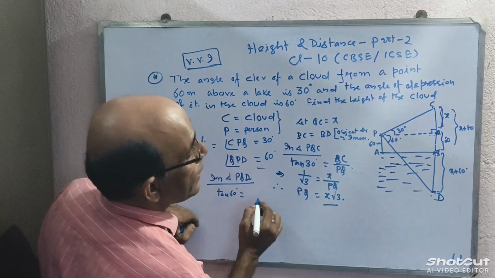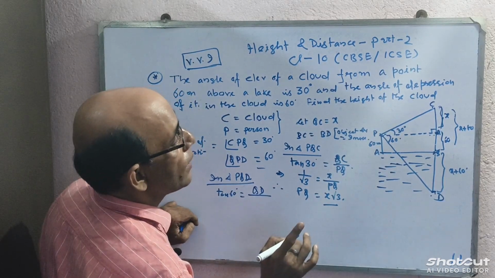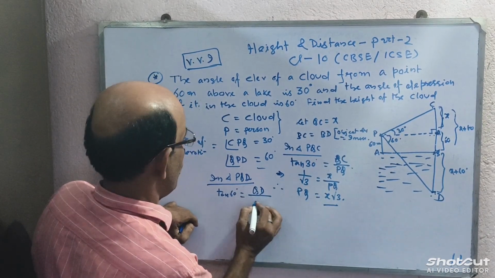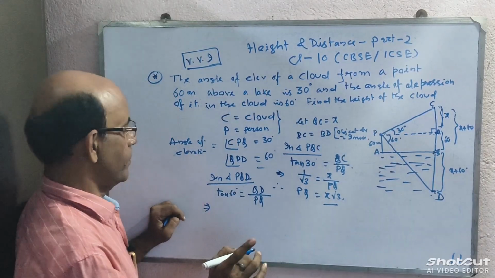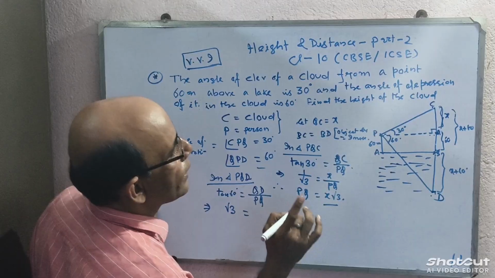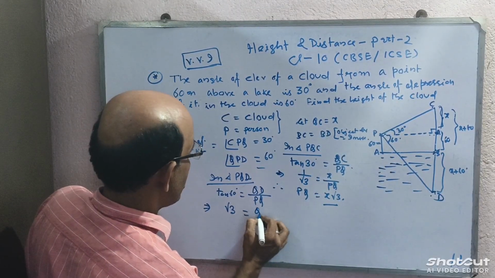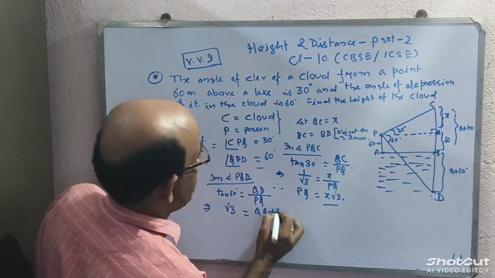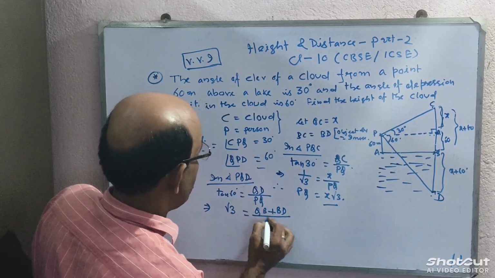That means tan 60 is equal to root 3, QD by PQ. QD means QB plus BD divided by PQ.